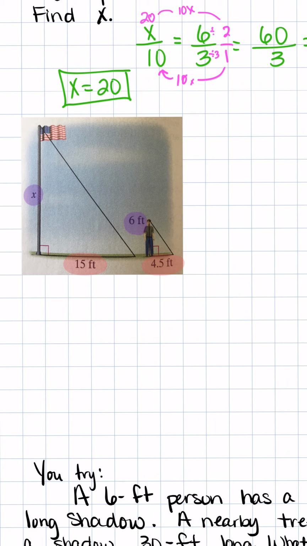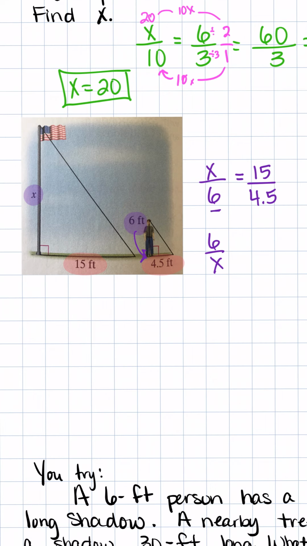So we have x over 6 equals 15 over 4.5. We need to solve for x. It doesn't matter, just so you know, we could have done 6 over x, but then whatever number is with 6 needs to be in the same place.